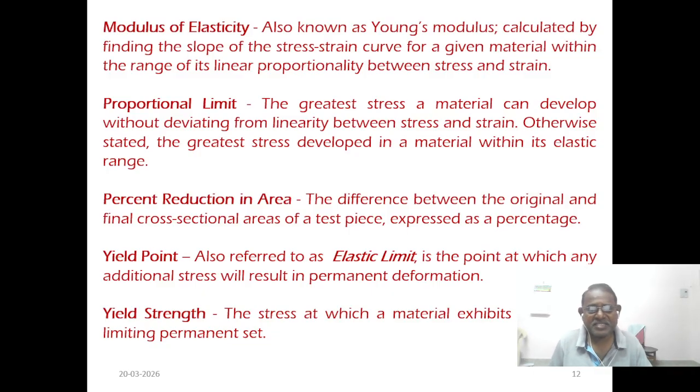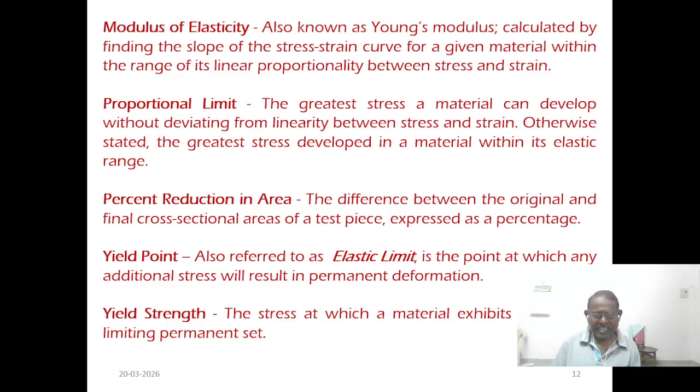The modulus of elasticity, also known as Young's modulus, is calculated by finding the slope of the stress-strain curve within the elastic limit. And the proportional limit is the greatest stress a material can develop without deviating from the linearity between stress and strain. Otherwise stated, it is the greatest stress developed in a material within its elastic range.